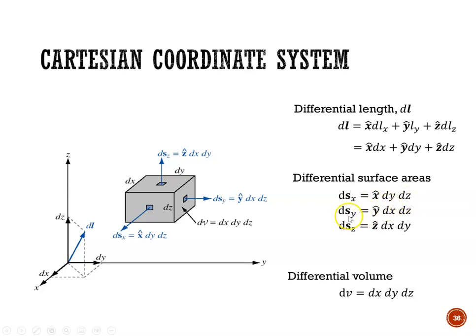For dsy, you will have y hat dx dz. And for dsz, that will be equal to z hat dx dy. So S here stands for surface, okay? And then L here stands for length. And finally, we have the differential volume, which is denoted by dV. So dV for Cartesian is equal to dx dy dz.